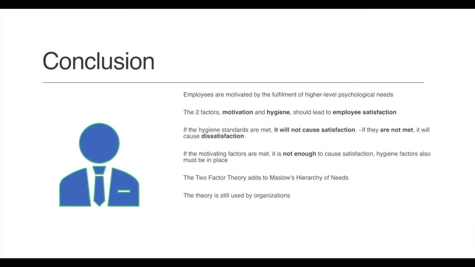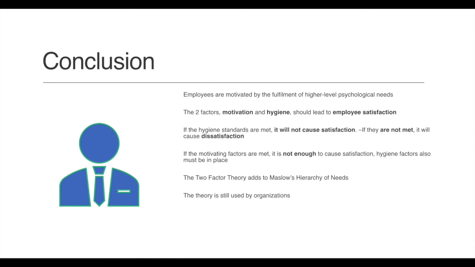As a conclusion, employees are motivated by the fulfillment of higher-level needs, such as recognition, a sense of achievement, advancement and responsibility, and the nature of the work they have to do. All in all, the two factors from the theory combined, motivators and hygiene, should lead to employee satisfaction.